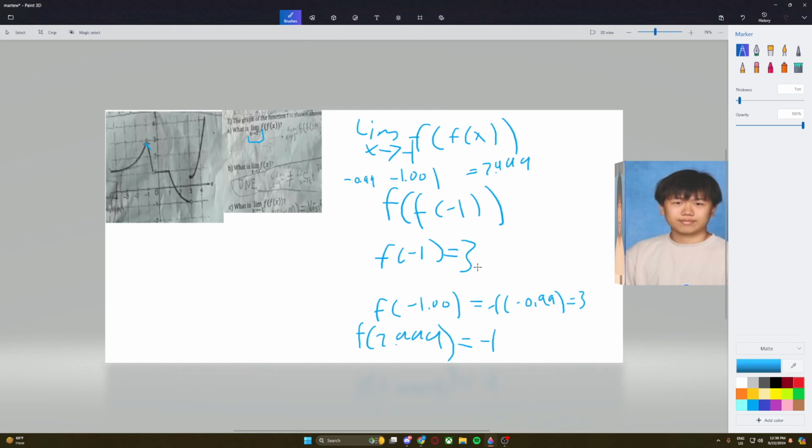Right. What I wrote on my paper was the limit as x goes to negative 1 of f of x equals the limit as x goes to 3 of f of x, and therefore it's equal to negative 1.